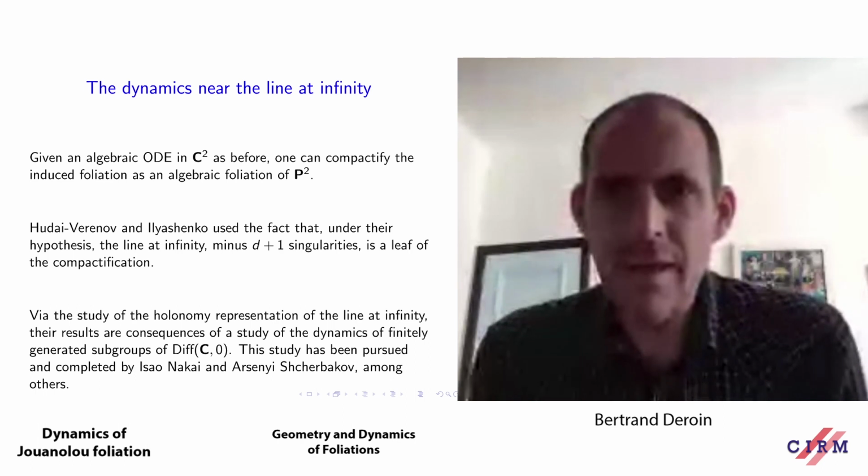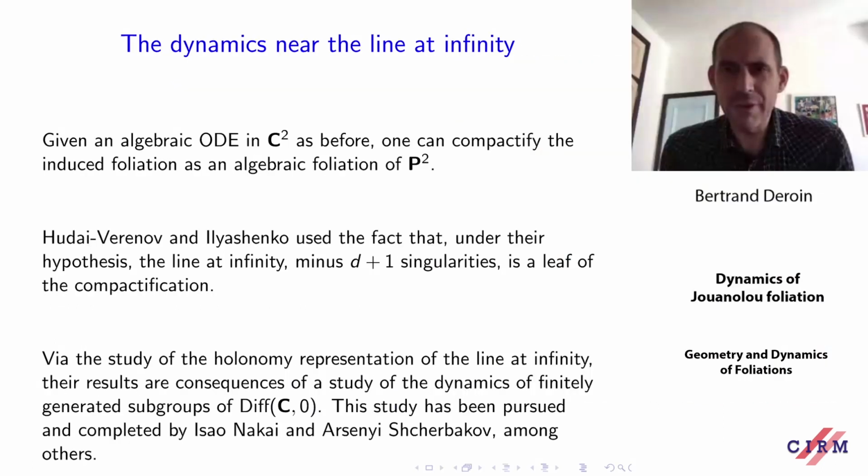It turns out that if you take a generic degree d polynomial vector field of C2, then the line at infinity, the line that you add to C2 to get the projective plane, is a leaf of the foliation. You also have d plus 1 singularities at infinity, where d is the degree of the polynomial equation in C2. So you get a leaf at infinity, which is a sphere minus d plus 1 points.